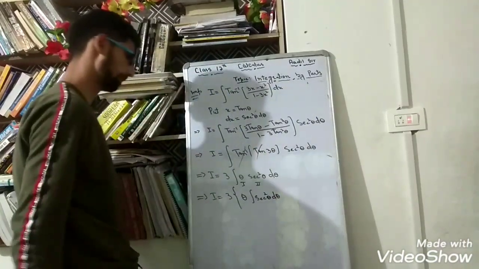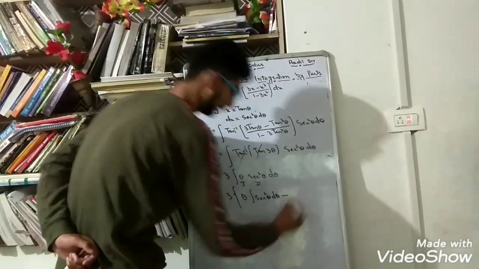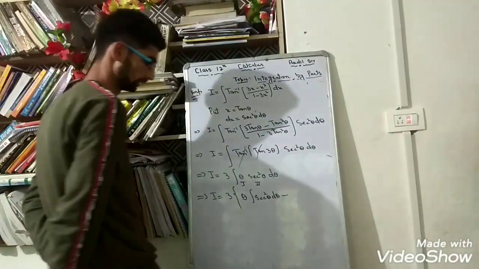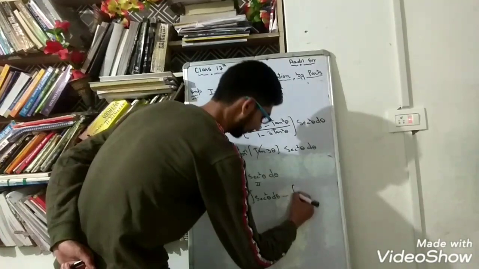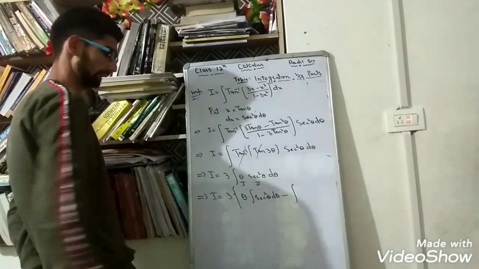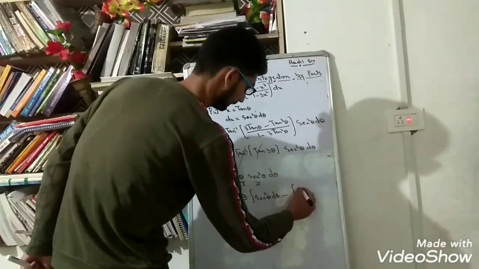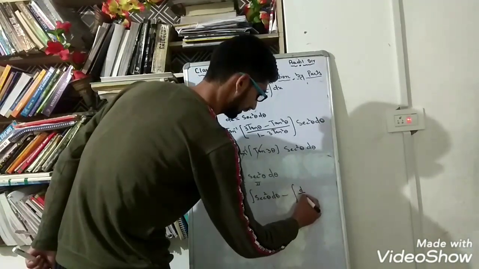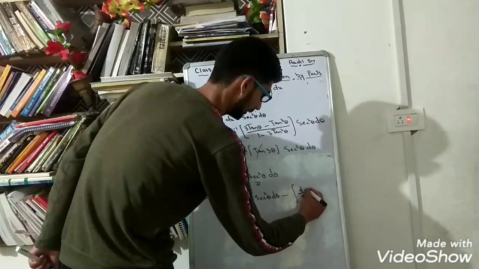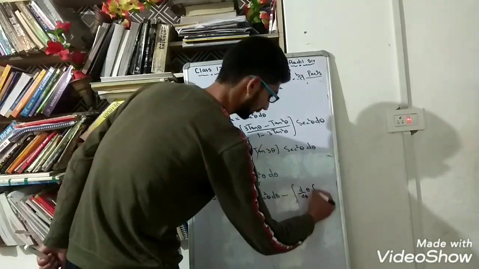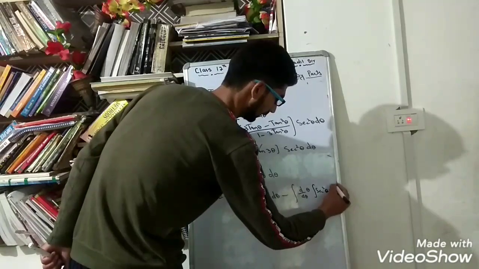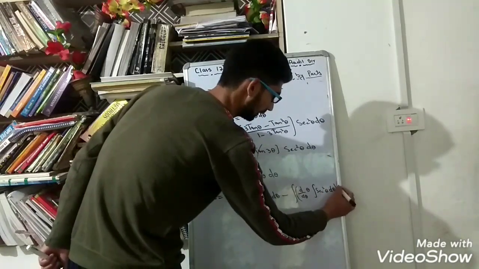After that, beta, we have to subtract the integral of the derivative of first one, that is d by d theta of theta, and then integral of second one, that is sec square theta d theta, and d theta.